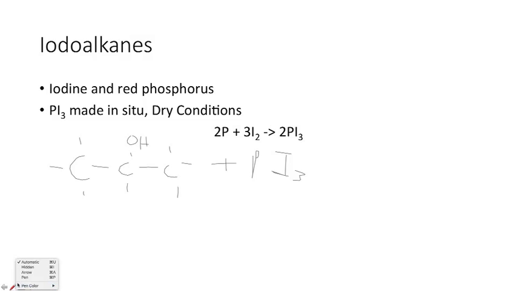So that's produced in situ, similar to the PCl5 and the PBr3 reaction. That's going to make our product, and it's also going to make two things, HI and additionally H3PO3.